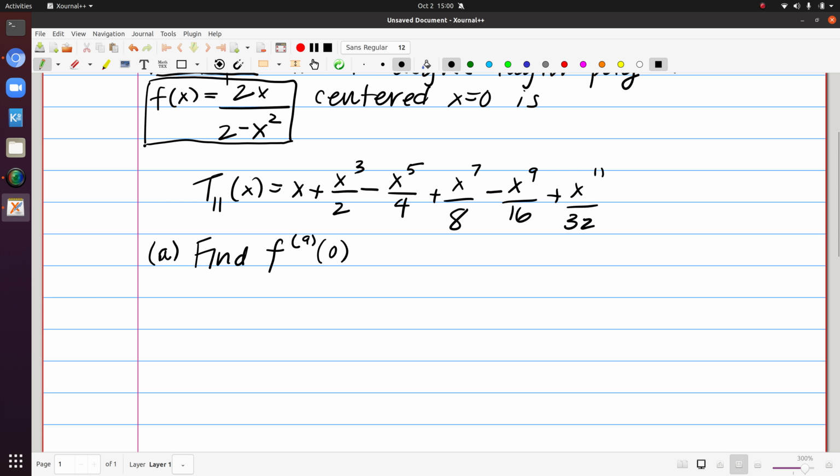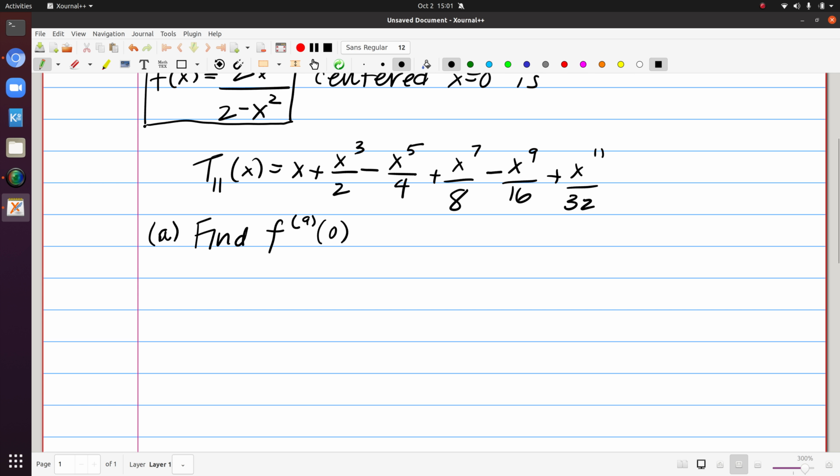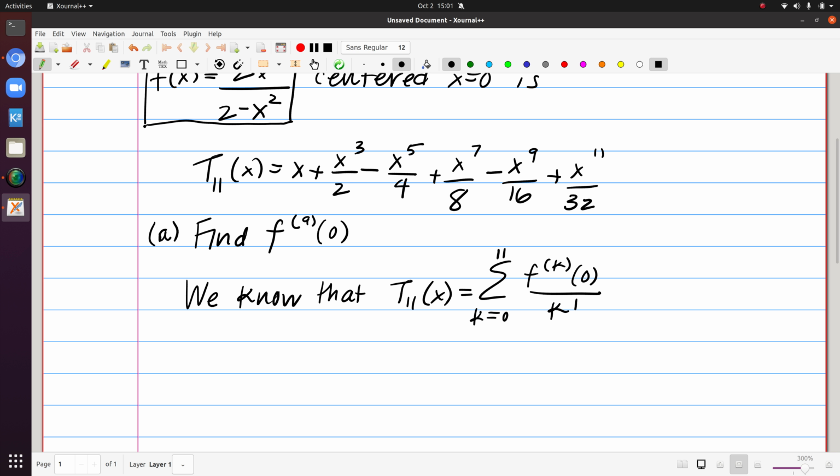But as we've seen before, what we can do instead is take advantage of the definition of Taylor polynomials. So this Taylor polynomial is presented to us centered at 0. So what we can do is try to look for like terms. So we know that T sub 11 of x, if we're talking about being centered at 0, well, that should be the sum from k equals 0 to 11 of the kth derivative of f at 0 divided by k factorial times x minus 0 to the k.